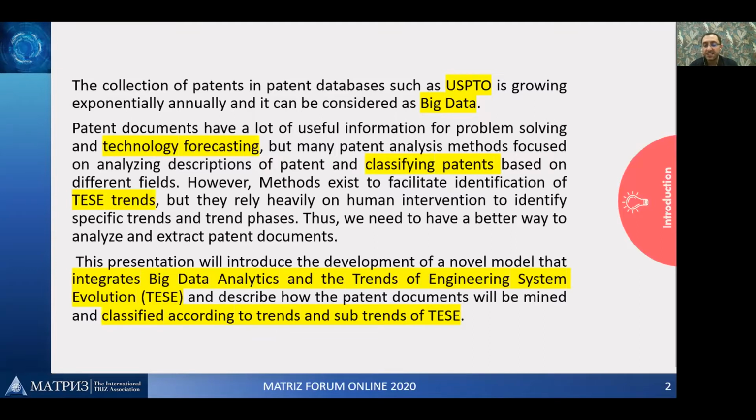Currently, classification under the International Patent Classification, IPC, is based on field of technology and common subject matter, but there is not any classification based on TSE. With this, we are going to integrate big data analytics and trend of engineering system evolution to classify patents based on TSE automatically.